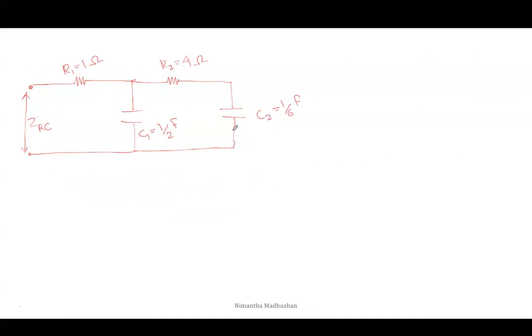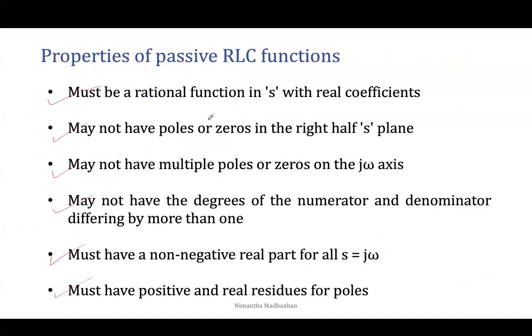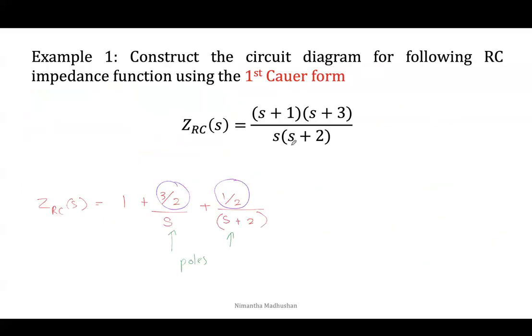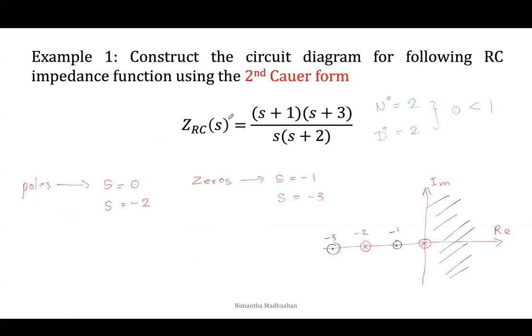And this is the process that we have to follow when we apply the first Cauer form and second Cauer form for synthesis of RC networks. I hope you all are clear about this example for the first Cauer form and second Cauer form.